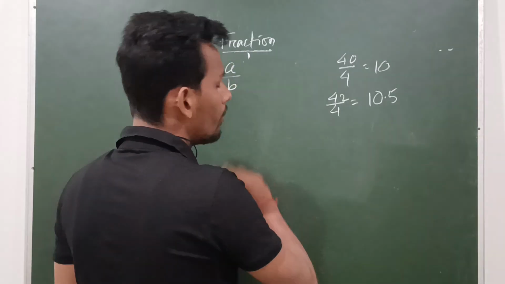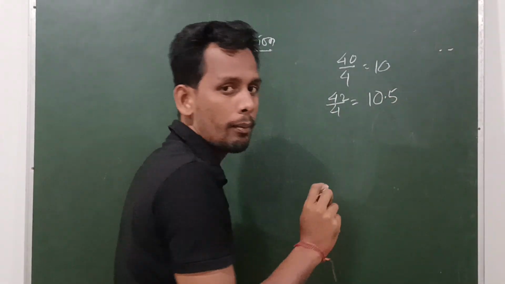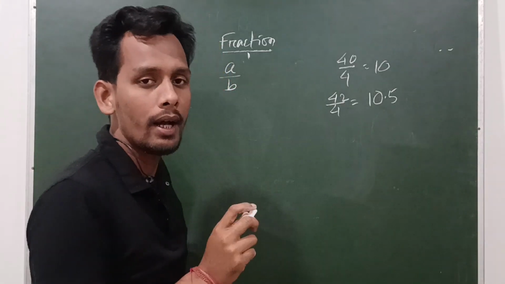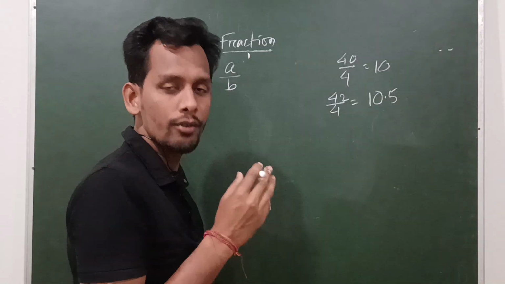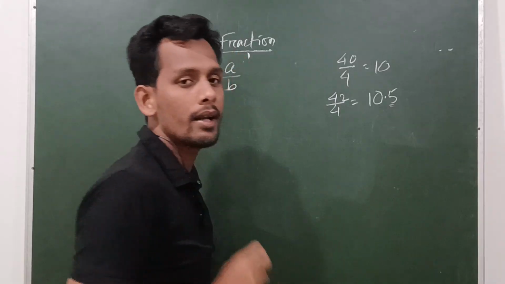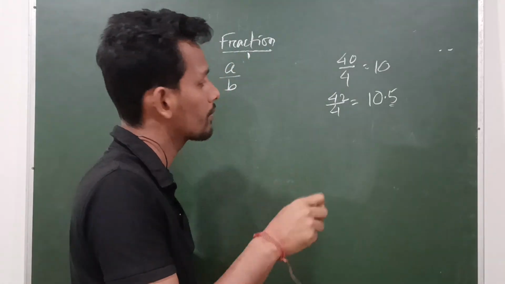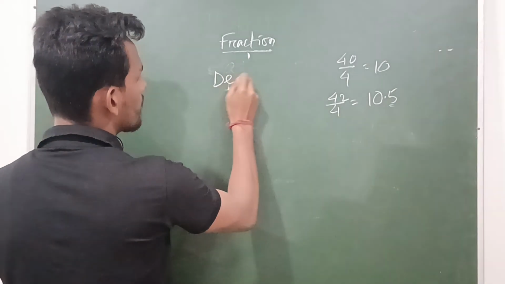Now there are some numbers which you cannot stop after the decimal. When you divide some fraction, the remainder is not 0, and the digits after the decimal never stop, or stop after some time. Okay, based on the decimal expansion.